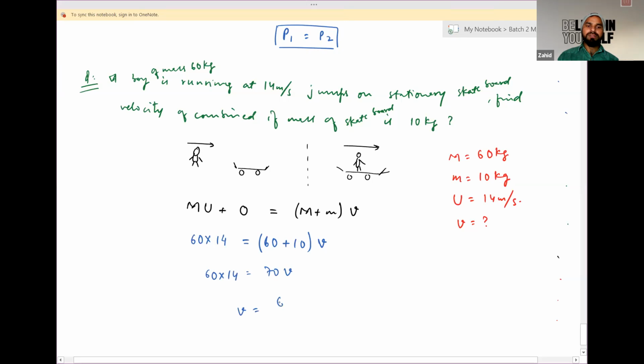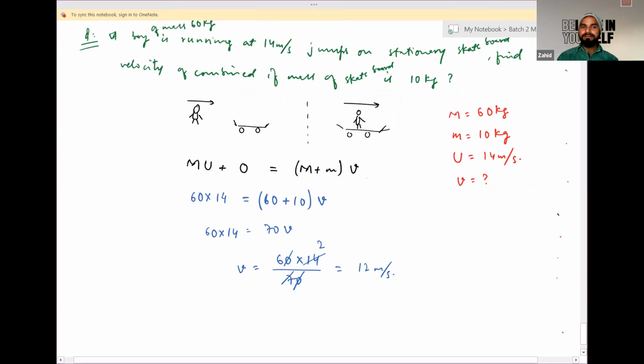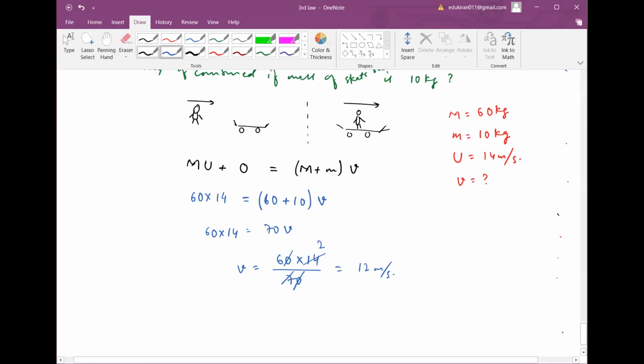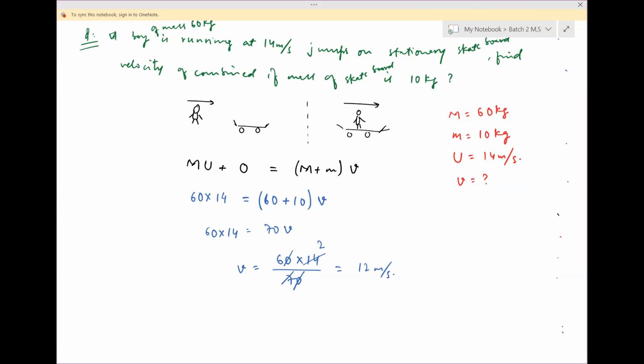You will get velocity equals 60 into 14 divided by 70. This 0 and this 0 will cancel out. 7 into 2 is 14, so 6 into 2 will be 12 meter per second. Is it clear? Yes, sir. Arslan, is it clear? Yes, sir. Aisha, do you have any doubt? No, sir. Okay.